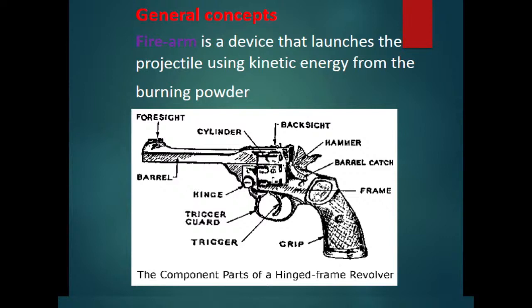There is a hammer to hit the bottom of the cartridge case and initiate burning. Over here, there is a trigger to pull, and then the hammer hits, and there are many other items which are highly dependent on a particular type of firearm weapon. But anyway, the principle is the same.